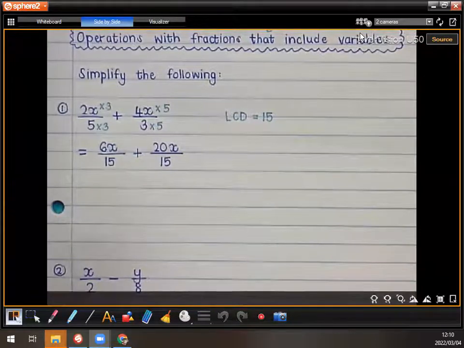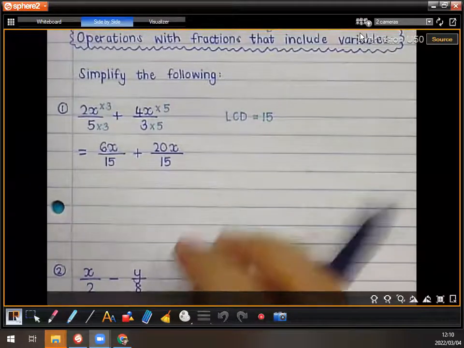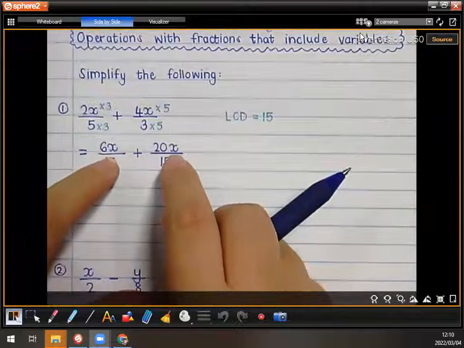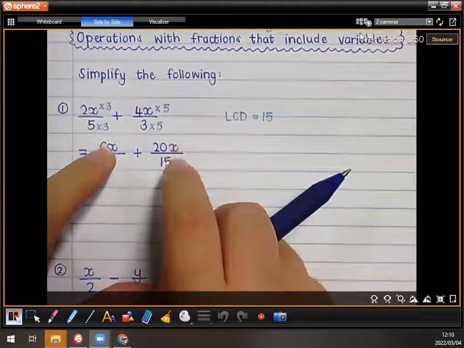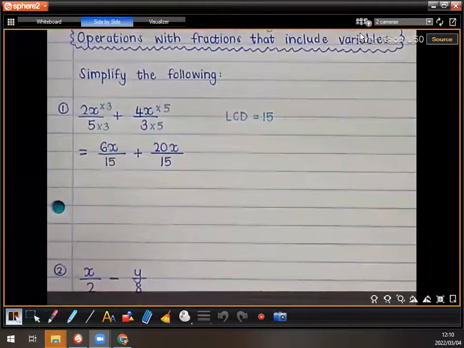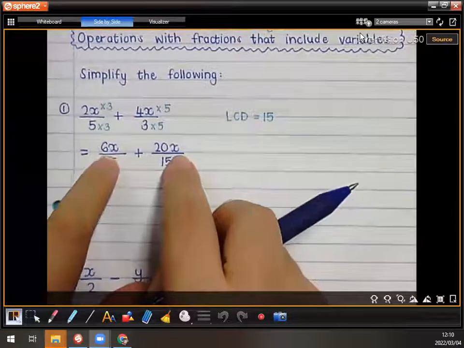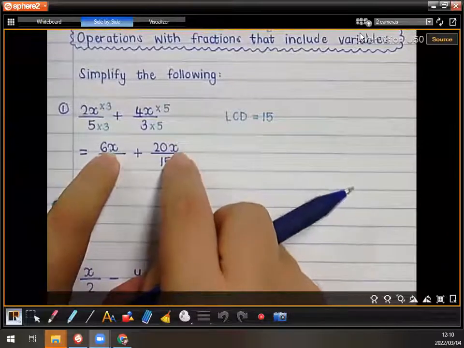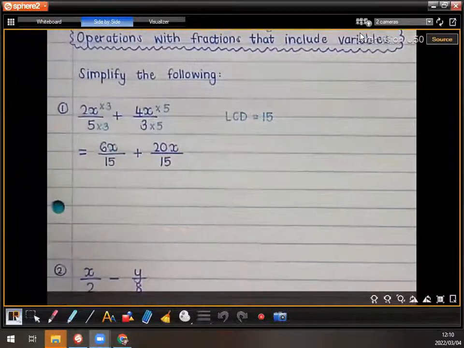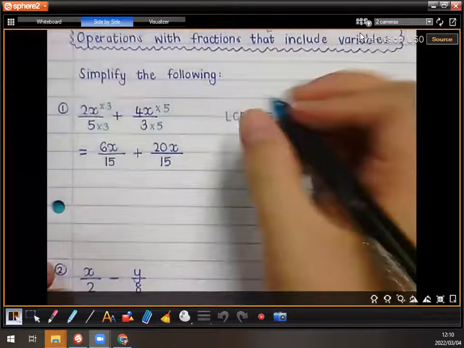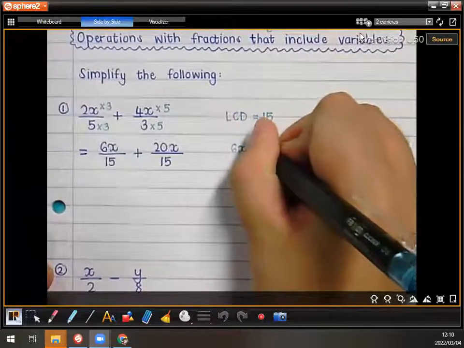Now we can add them together, right? But before we add them together, we need to just first decide if these two are like terms. 6x and 20x. Do we remember like terms have the same exact variable, the same letters? 6x and 20x, they have the same letters, right? So these are like terms. I'm going to write it on the side because we haven't done a lot of practice on this stuff.